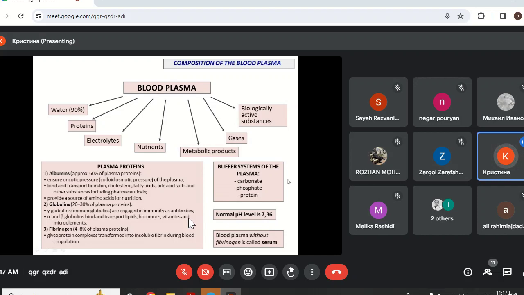In blood plasma, we have some buffer systems which ensure a constant pH level, and the constant level of pH is 7.36. These buffer systems include carbonate, phosphate, and protein systems. And blood plasma without fibrinogen is called serum.